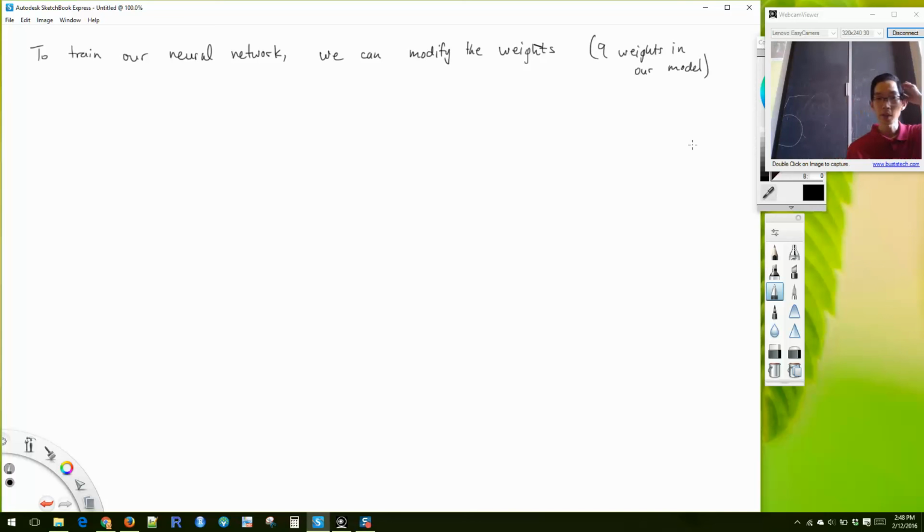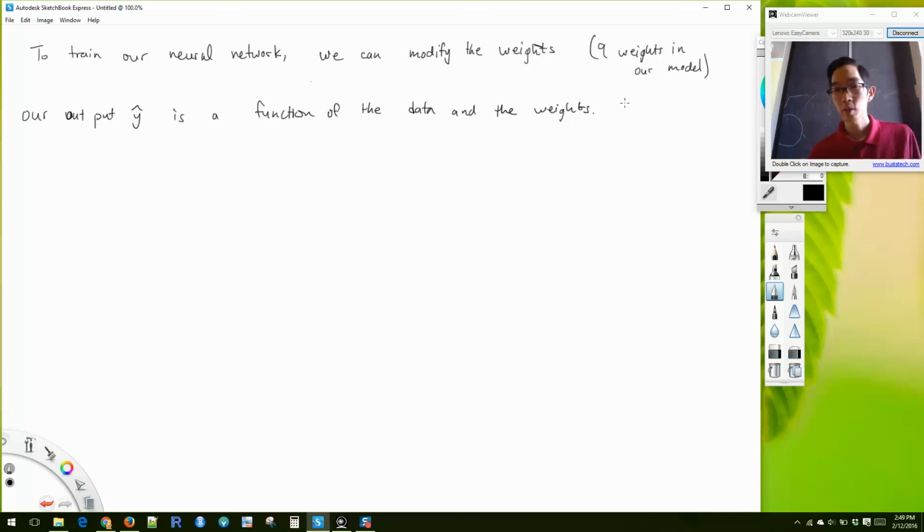That's because our output y hat is a function of the data and the weights. Now, the data that we provide is fixed. We can't really modify that. But we can modify the weights, so that's what we're going to do.